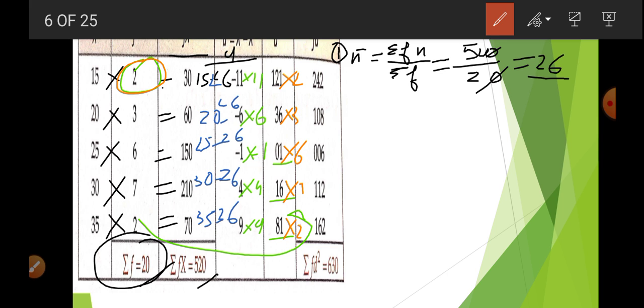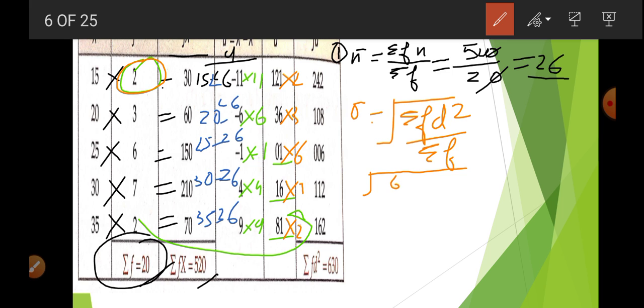Now we are going to put the value. Standard deviation is equal to under root sigma f d square upon sigma f, that is, under root 630 upon 20. The zeros cancel. When we divide, we get 31.5.